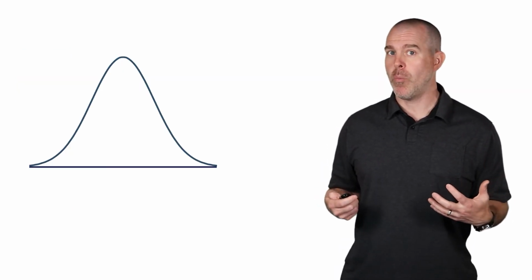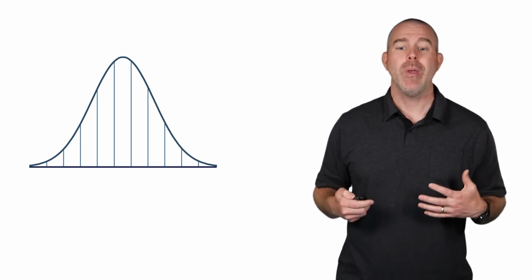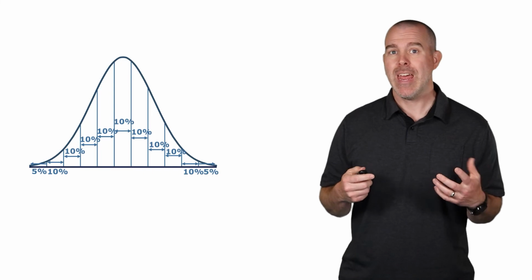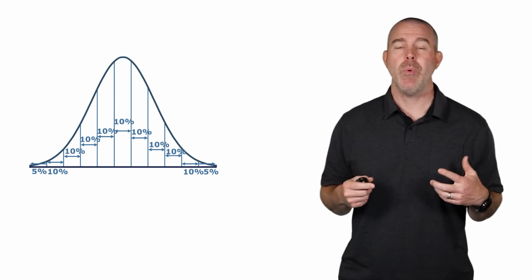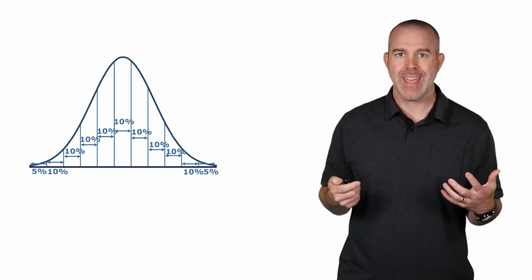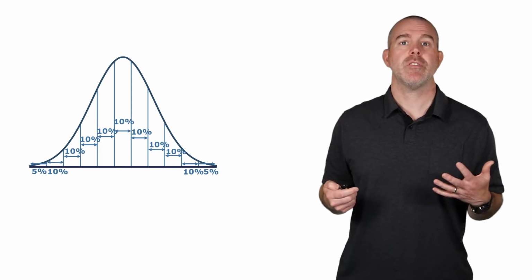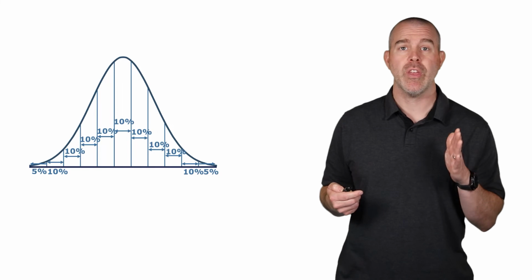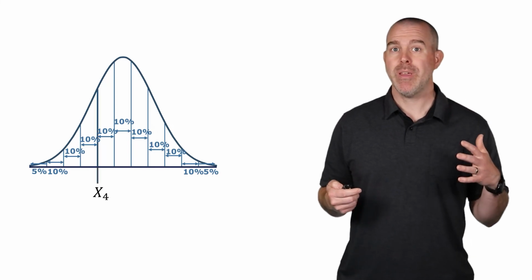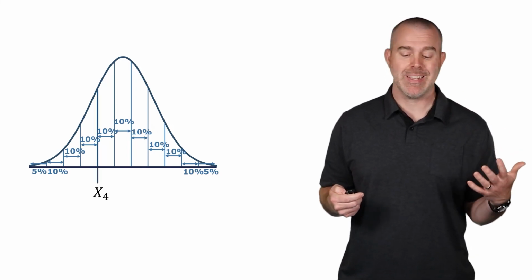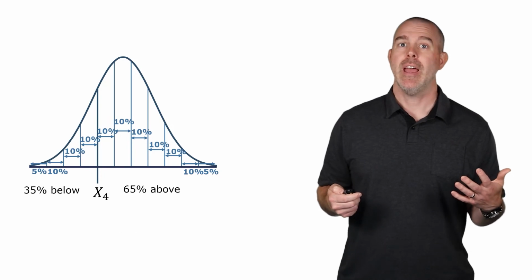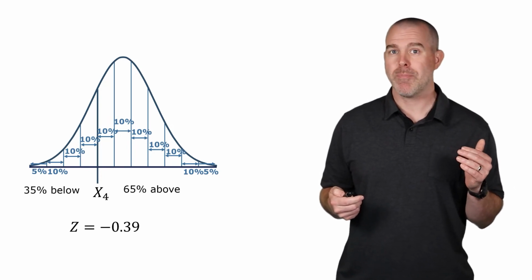All right, let's talk about how to find those expected x values. If you think about your normal curve, let's say we have a sample size of 10, we can break it up and have 10% in each of these intervals, and we can use the normal calculator or whatever to calculate each of those corresponding z's. Just for illustration purposes, let's say we want to find the fourth x. Well, there should be 35% below and 65% above. And then we can use that to find the corresponding z.